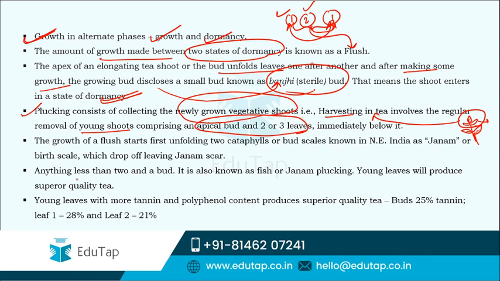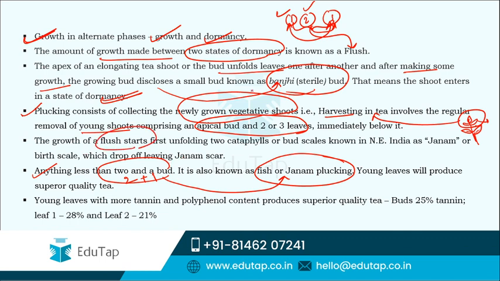And see, anything less than two leaves and a bud is called fish leaf or janam plucking. And what is this janam? Whenever the growth of a flush starts, that is, as I have already mentioned, the vegetative growth that happens between two dormancy periods is called a flush.